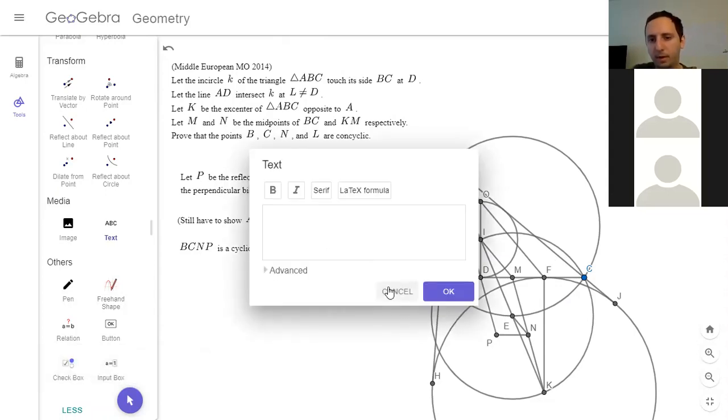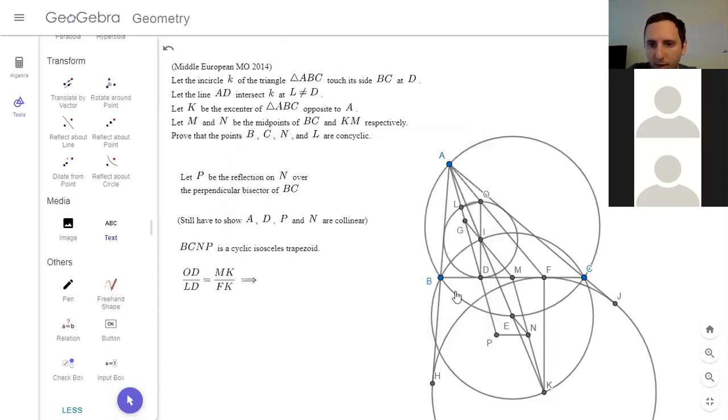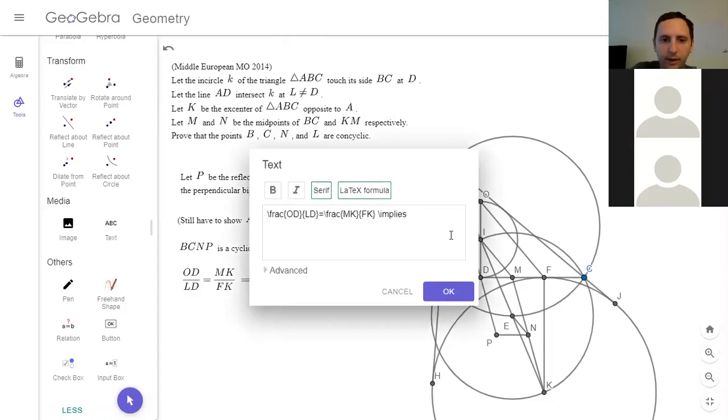So we have OD over LD is equal to MK over FK, and that means that MK times LD, which is the same as 2PD times LD, is equal to OD times FK.